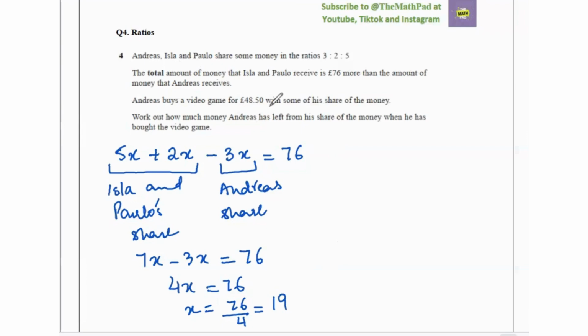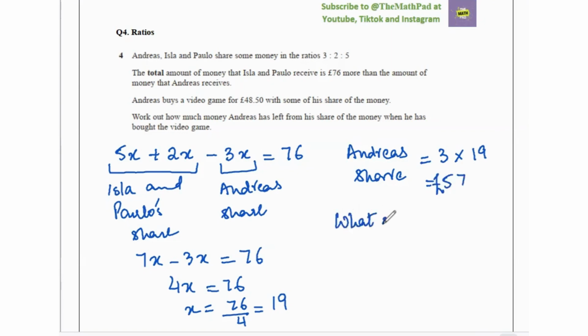Andreas buys a video game for 48.50 pounds with some of his share of the money. We need to calculate how much he's left with. First, let's find what his share was. So Andreas' share is 3 times x, which is 3 times 19, and that leaves us with 57 pounds.